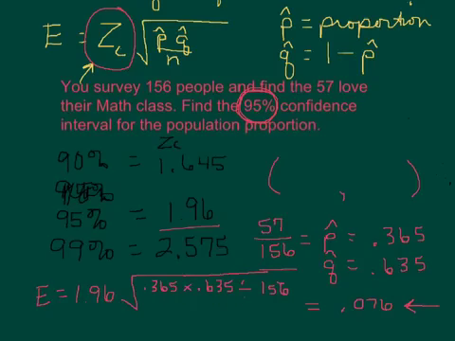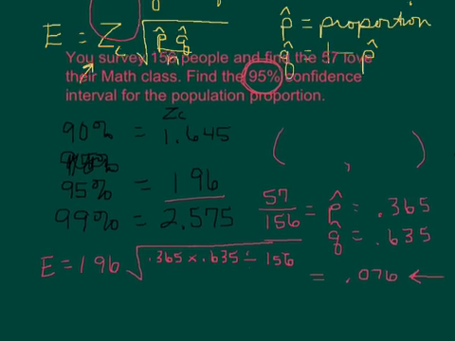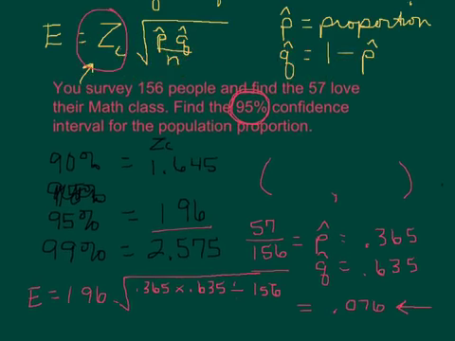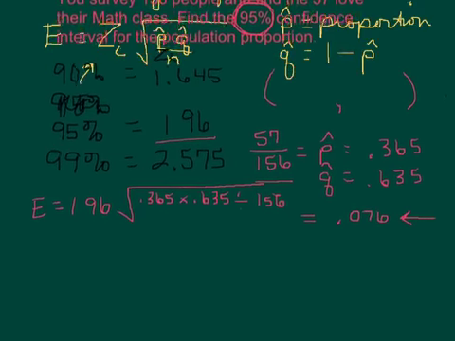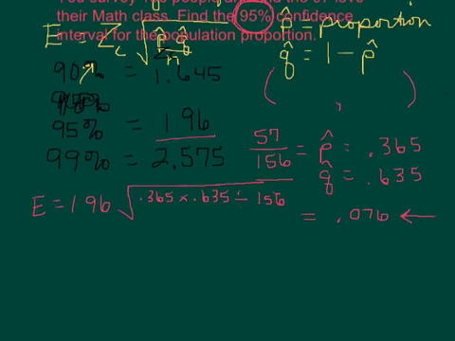So I'm going to take that information and I'm going to finish the problem. Okay, start with p-hat, 0.365. That's the proportion of my sample. And now, in order to get my final answer, my final confidence interval, I have to subtract the error, and that's going to give me the low value of my sample.